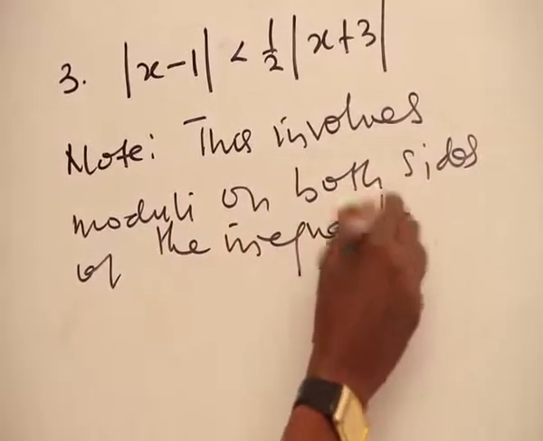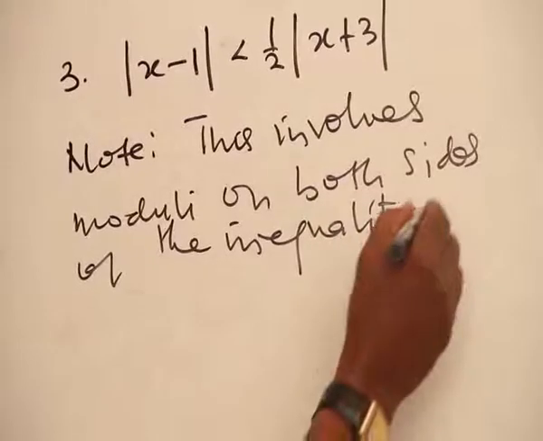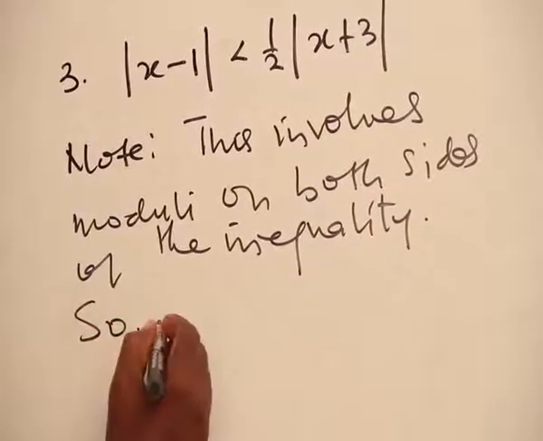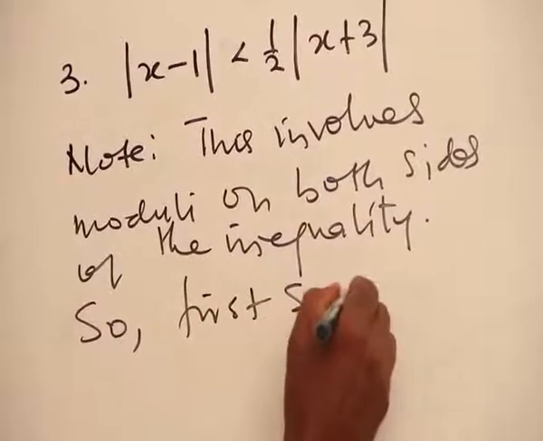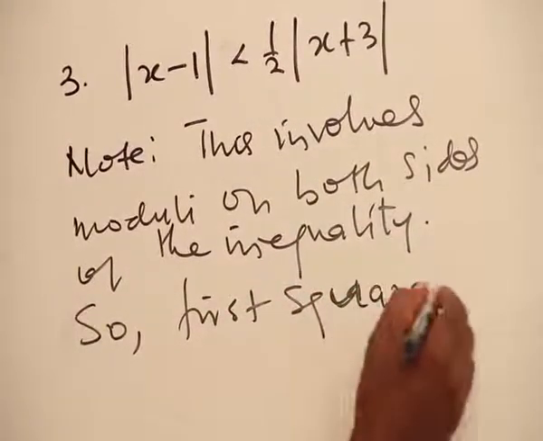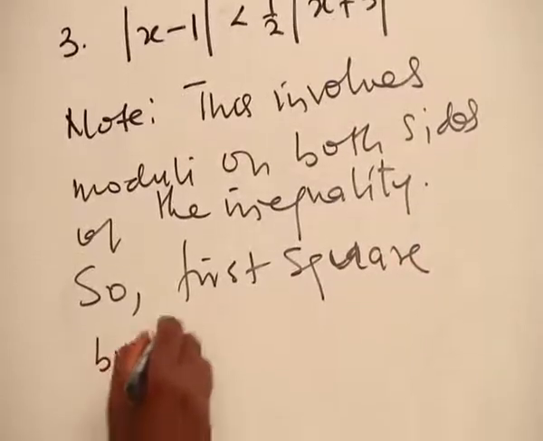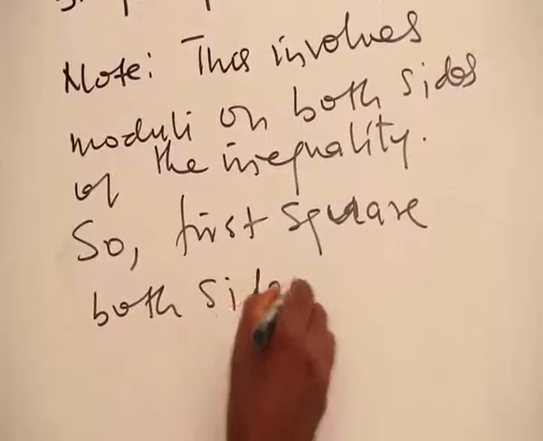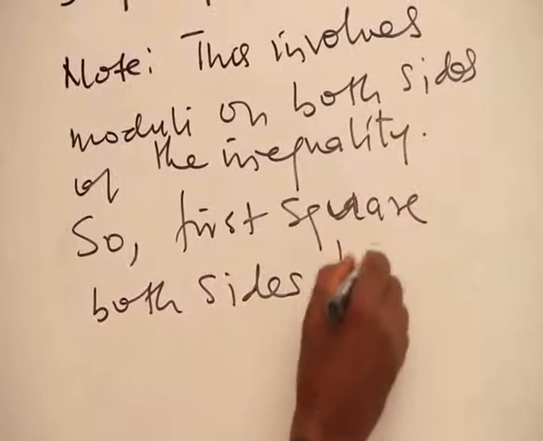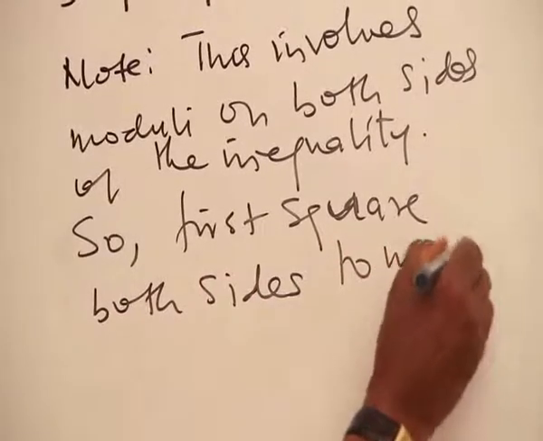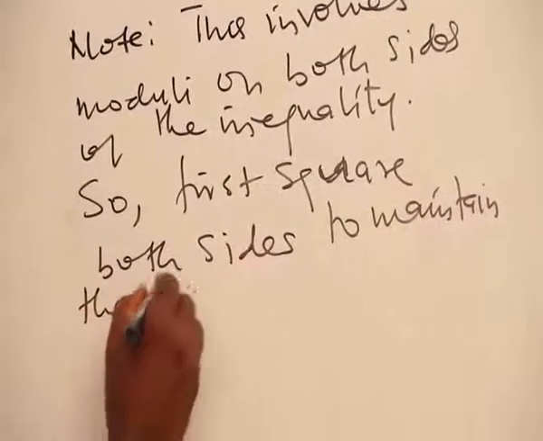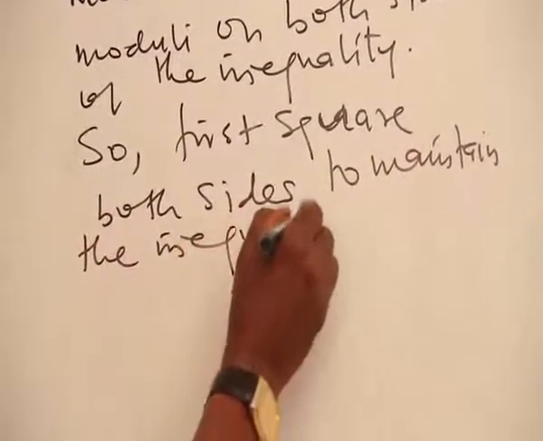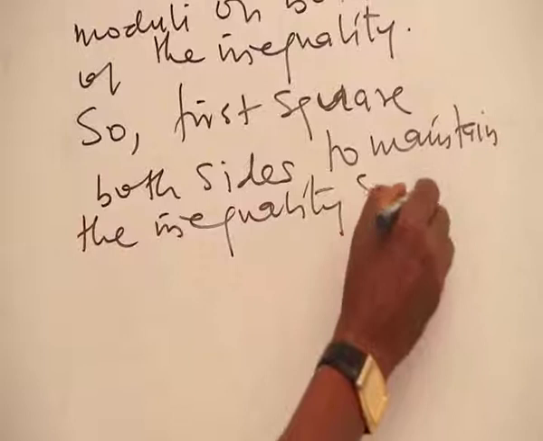In this sense, we first of all square both sides to maintain the inequality relationship or symbol.